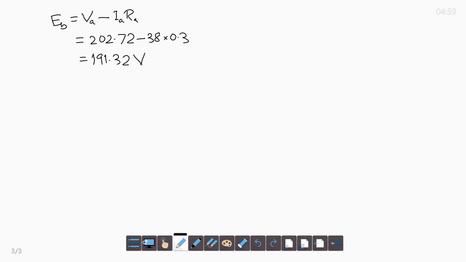Then motor speed equals EB divided by back EMF constant K phi. EB is 191.32, the back EMF at alpha equals 30 degree, and the back EMF constant is 1.73956 volt per radian per second, and this is in radian per second.